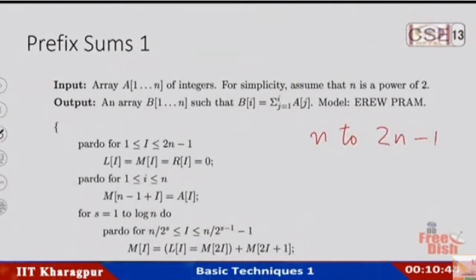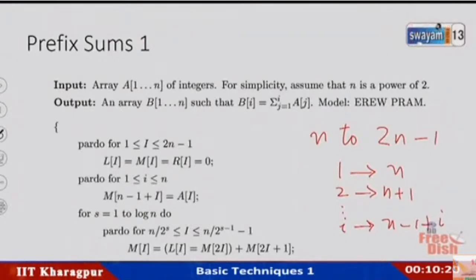So leaf 1 will occupy position n, leaf 2 will occupy position n plus 1 and so on. So in general, leaf i will occupy position n minus 1 plus i. This is exactly as in the previous algorithm. The ith element of the array is copied into the ith leaf of the tree.